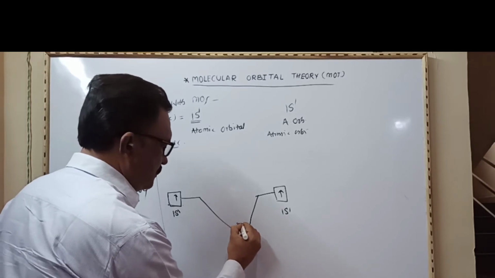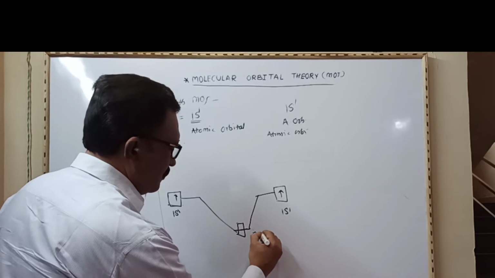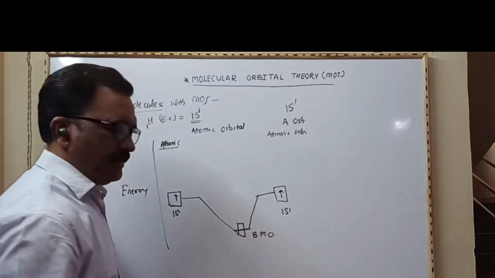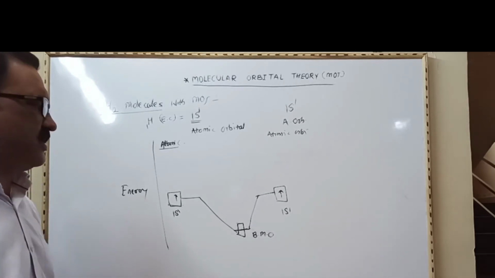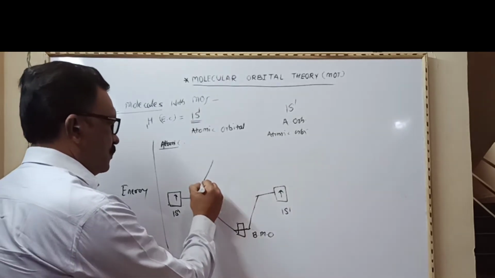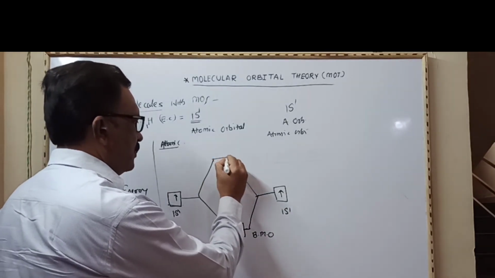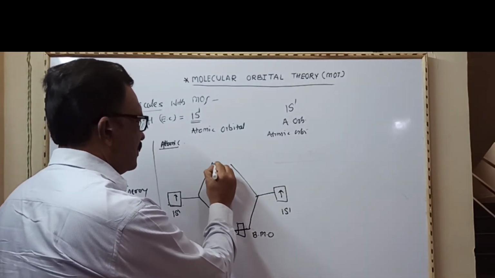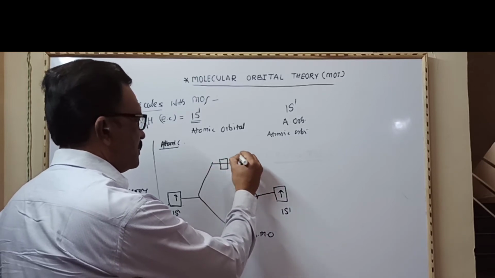That is, this is the bonding molecular orbital. Due to the subtraction of these two wave properties of electrons, the formation of an anti-bonding molecular orbital takes place.